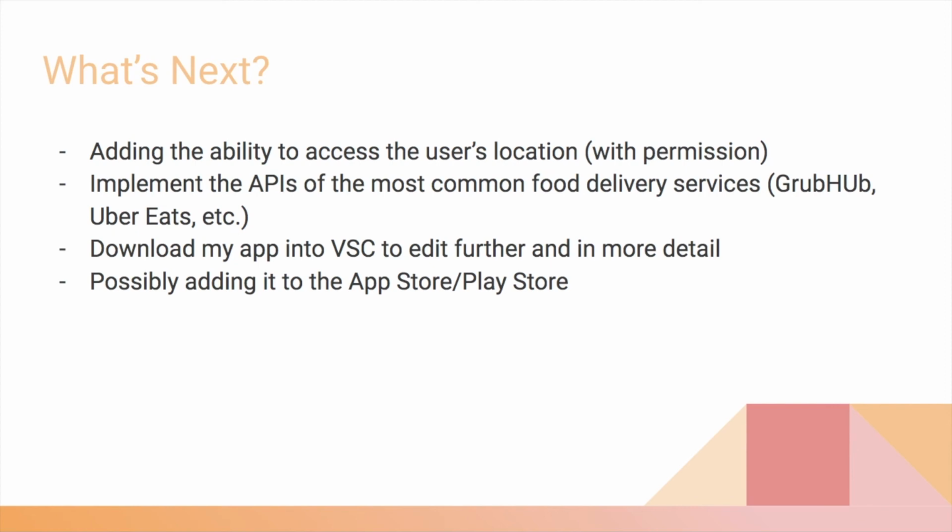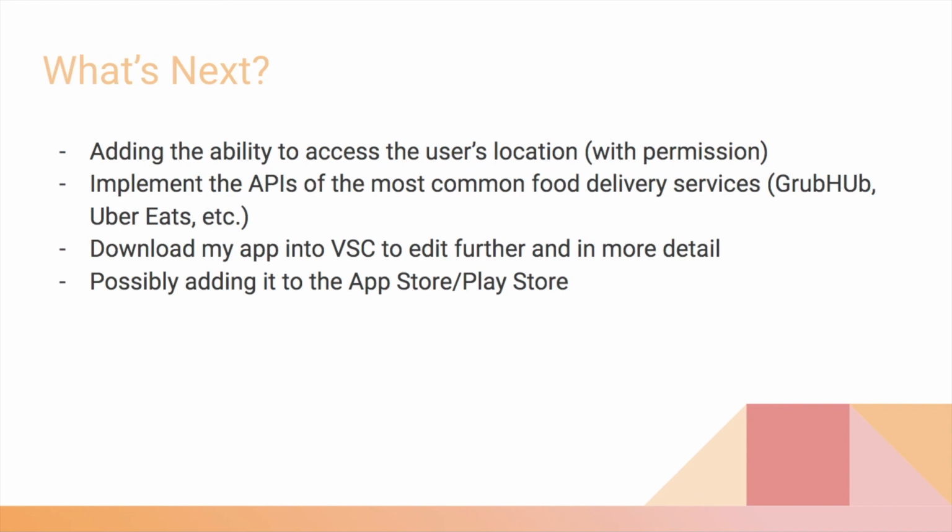I want to try and implement the APIs of the most common food delivery services, because I don't want to add something third party, like some random other food delivery service that people barely use.